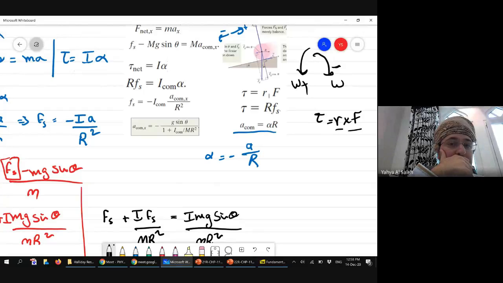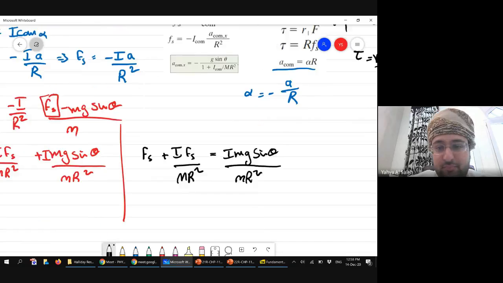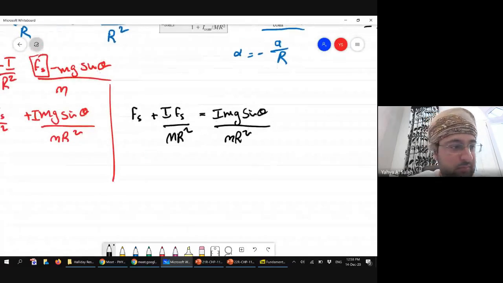Yeah? Since it's going this way, the entire body is going counterclockwise. We can say torque is alpha is positive. Torque is positive. Okay. All right.